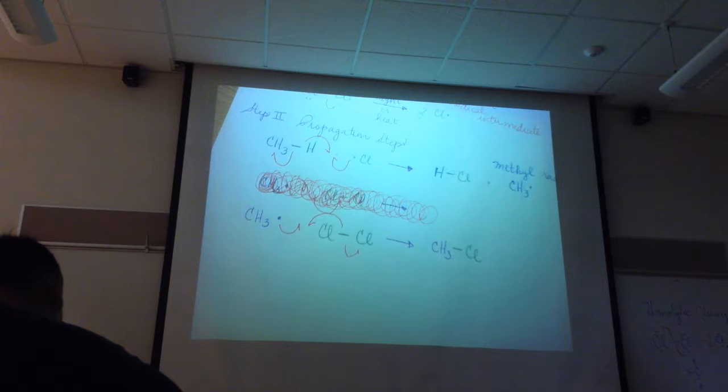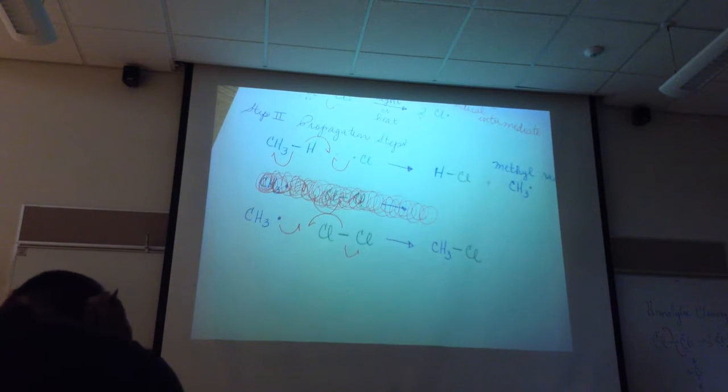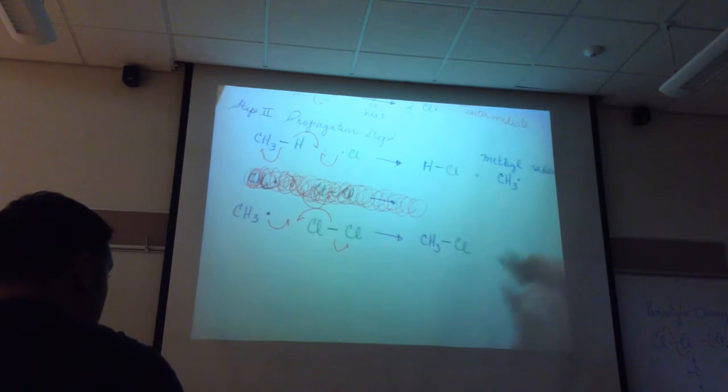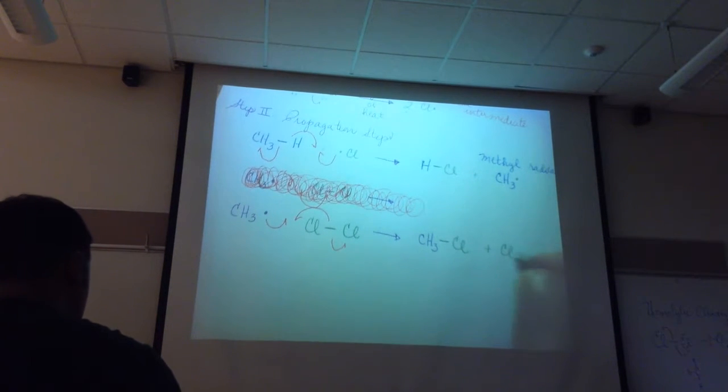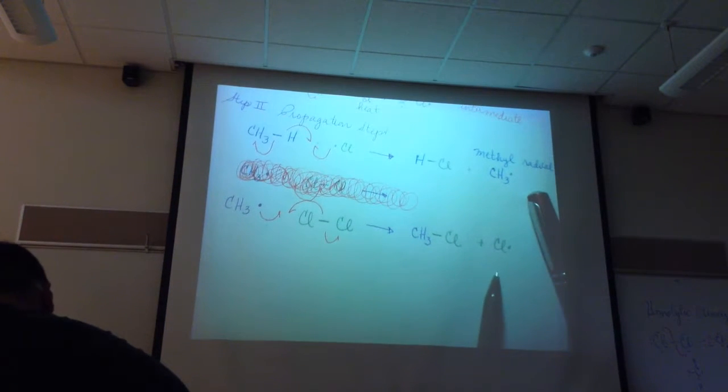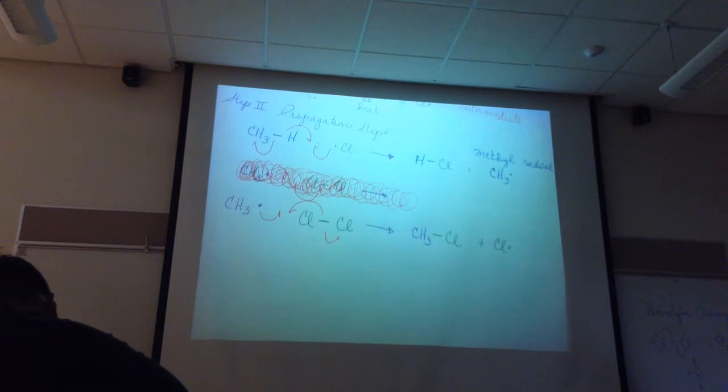Okay, and then what else happens here now? You have now more chlorine radical generated, right? So this is what is called a chain reaction. Is everybody there?